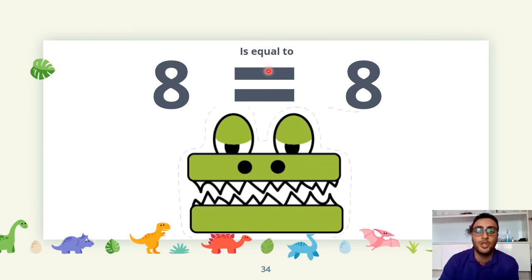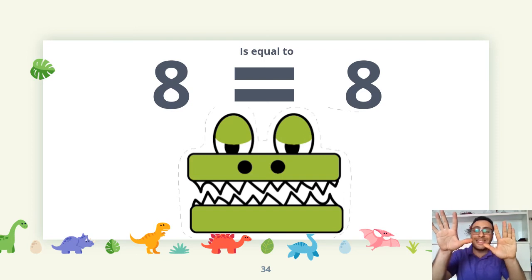It's only 2 lines, and we call it the equal symbol. So when 8 and 8 are the same, they're mangan, we say 8 is equal to 8. Do you understand? For example, we have 5 and 5, right? So 5 is equal to 5.